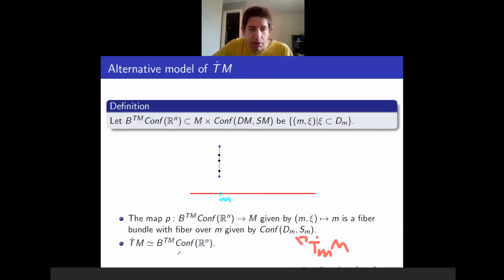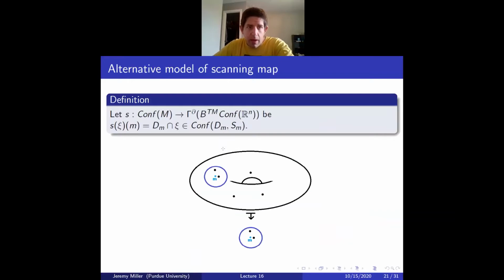So we can construct a scanning map that instead goes to the space of sections of this bundle instead of that bundle. Okay, so now we get a slightly easier definition of the scanning map, but it goes to a slightly weirder looking space.